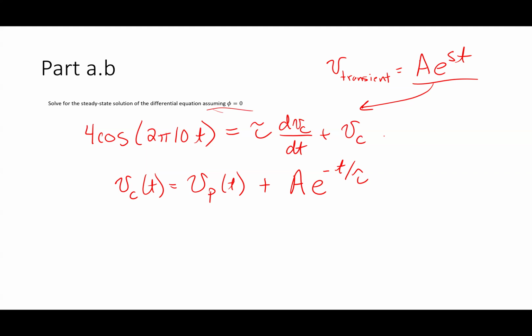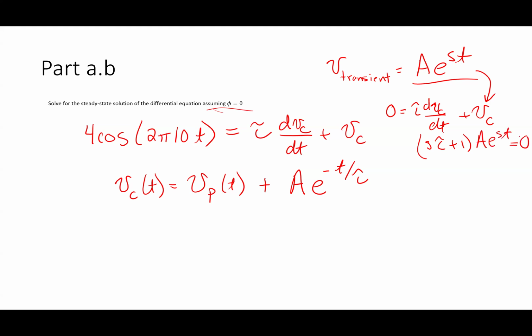What does happen if I plug that in? Wouldn't I end up with 0 equals tau dvc dt plus vc? I plug that into the homogeneous equation, and I end up with an expression: S tau plus 1 times a e to the st equals 0.